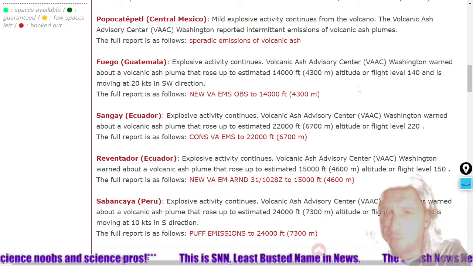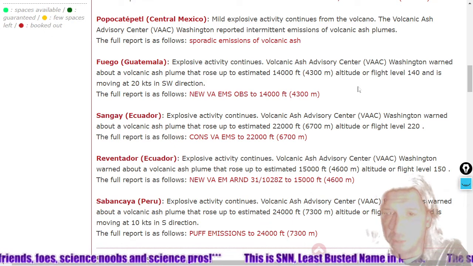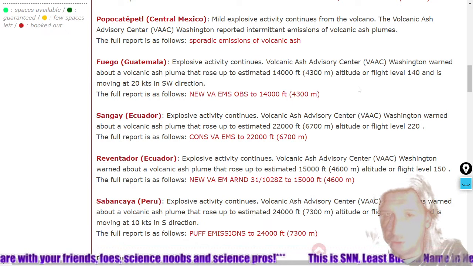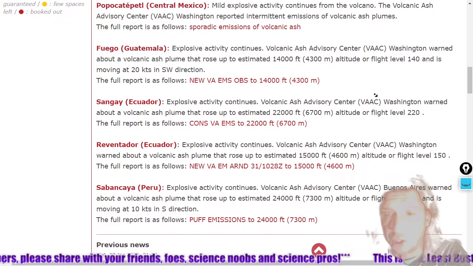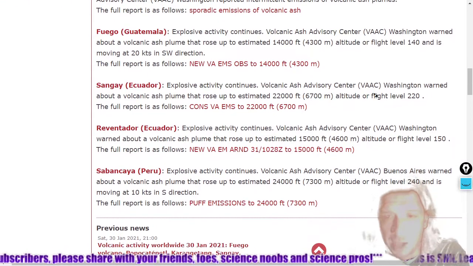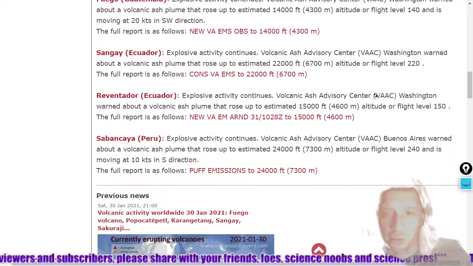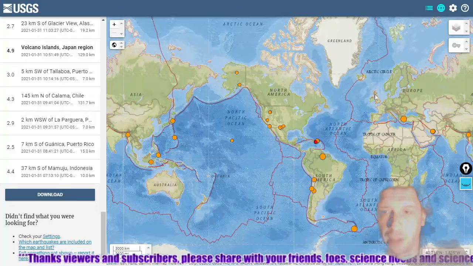Fuego exploding down in Guatemala, 14,000-foot ash plume there. Sangay exploding in Ecuador, as well as Reventador. And those two are producing 22,000 and 15,000-foot plumes of ash. And Sabancaya is reminding us not to pole vault the caldera as it explodes and produces a 24,000-foot plume of ash and fertilizes the soil downwind.